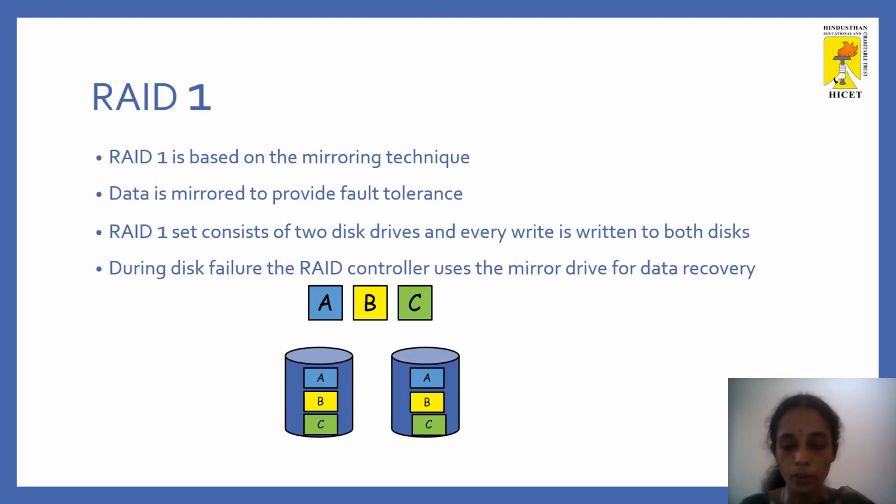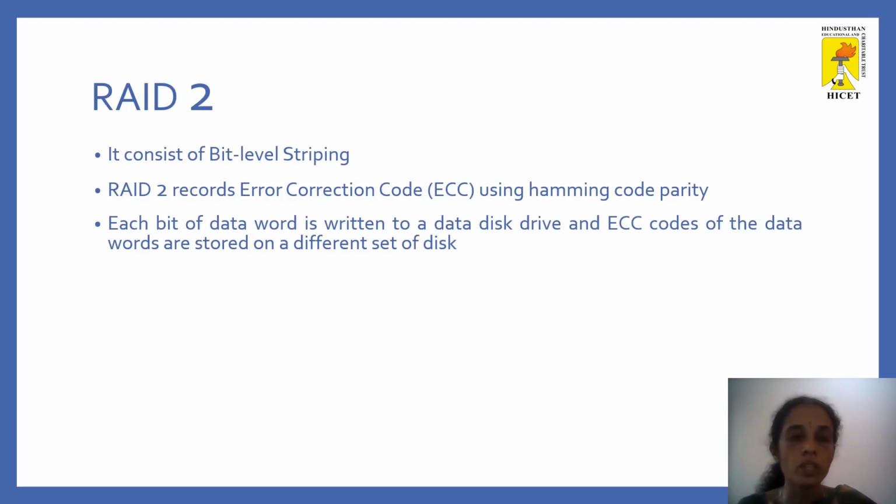Next we move on to RAID level 2. RAID level 2 consists of bit level striping and it also uses error correction code, the Hamming code parity. So it is bit level striping, not block level.